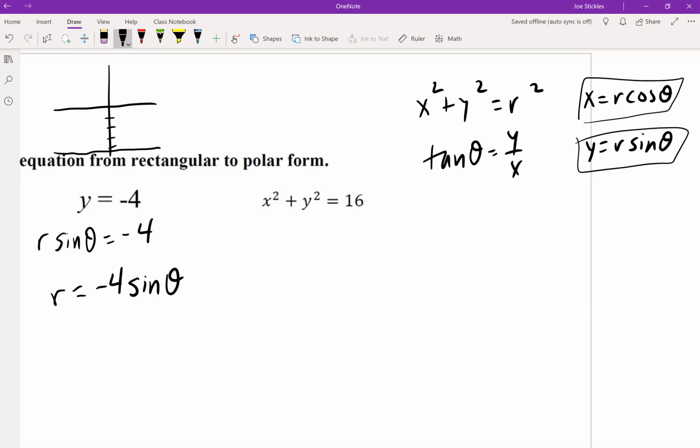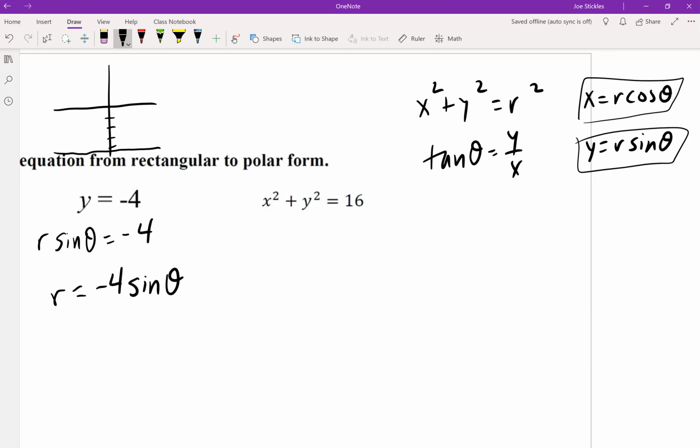Again, I think it's a lot more easily described as the y coordinate has to be -4 than saying the distance that the point is from the origin is -4 times whatever the sine of the angle is that the point makes with the origin. That's a really crazy way to describe a line. So again, it looks like linear functions, equations of lines, look better in rectangular coordinates than they do in polar, at least in my estimation.